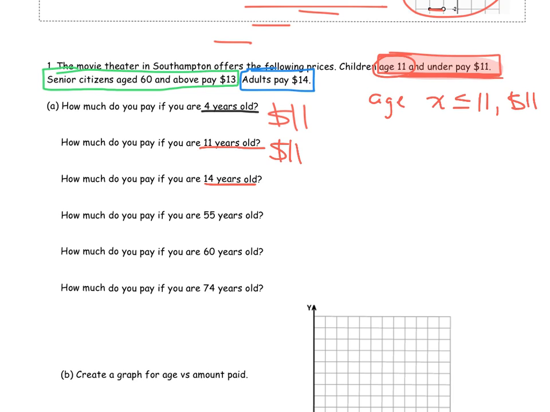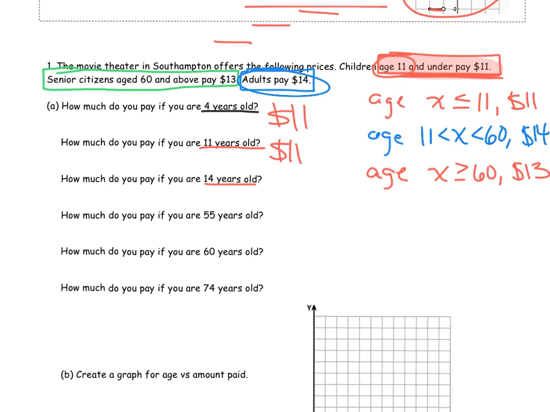If your age is 60 and above, you're going to pay $13. So we need to think about the other ages that we didn't talk about. If your age is between 11 and 60 years old, you're going to pay $14. So adults are, I guess, considered between 11 years old and 60 years old.